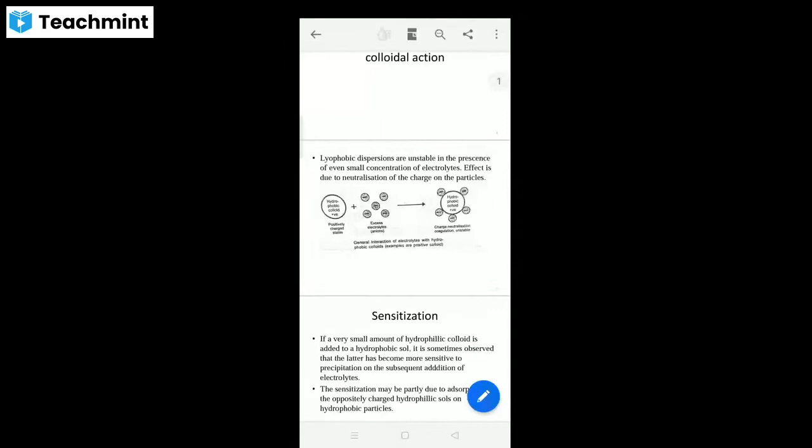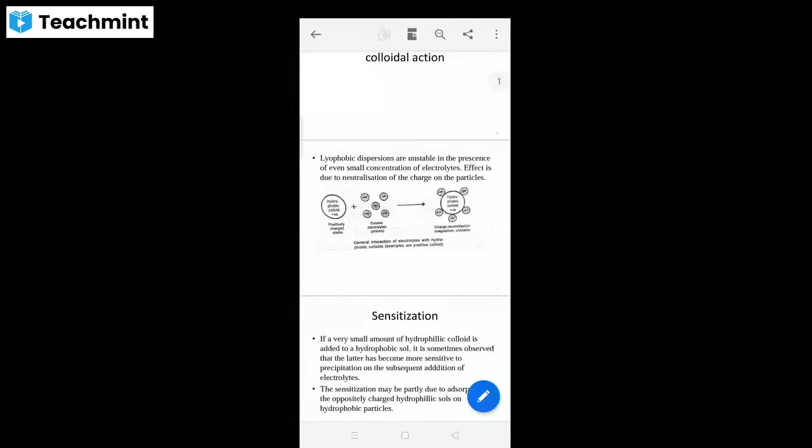When the electrolyte ions get adsorbed onto the surface of the lyophobic particle, the particles start to get aggregated, or particles may gain weight because ions would reside on their surfaces.